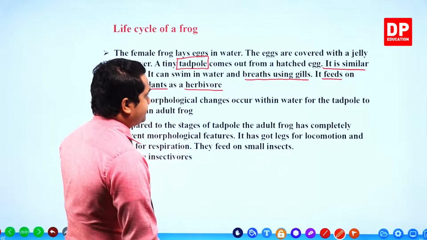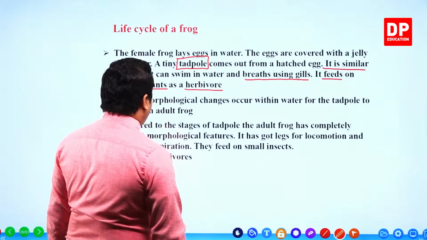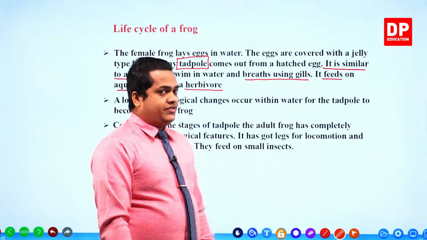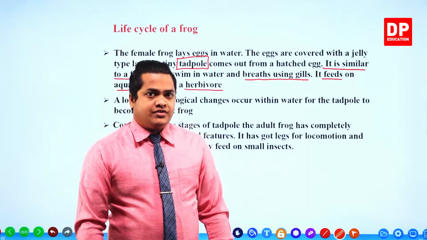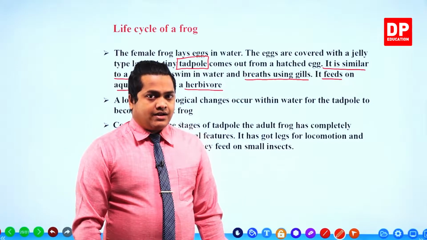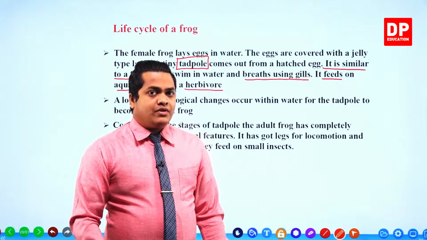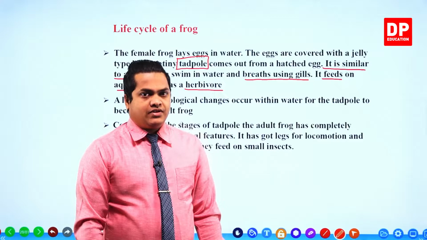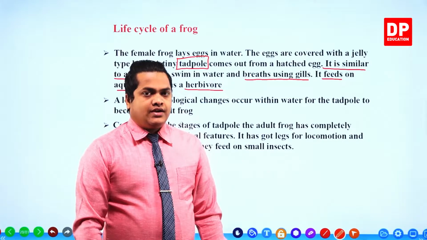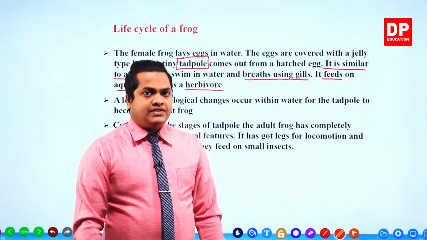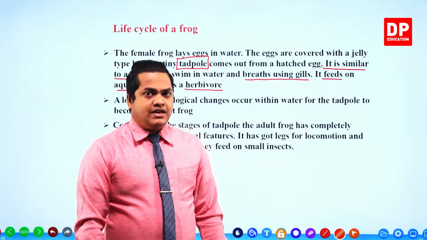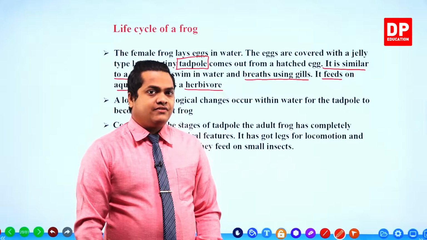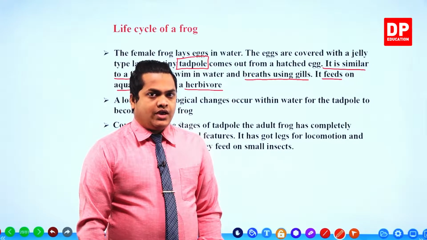Then it feeds on aquatic plants as a herbivore. If you take the mode of nutrition of the tadpole, it is a herbivore. That means the tadpole takes mainly aquatic plants as its food.